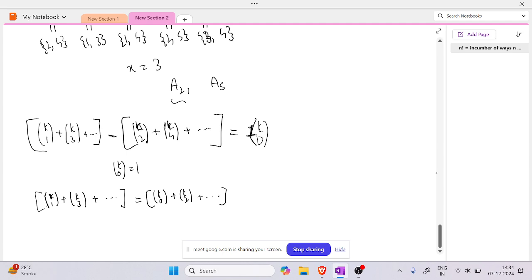What this is trying to say is that the number of ways to choose an even size subset from a set of k elements is equal to the number of ways to choose an odd size subset from a set of k elements.